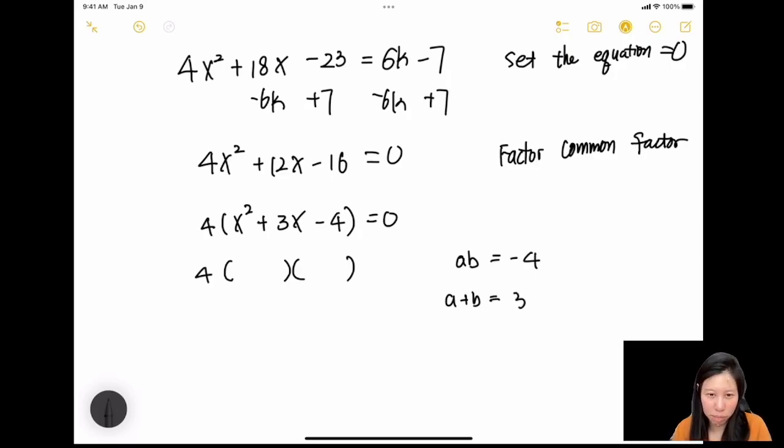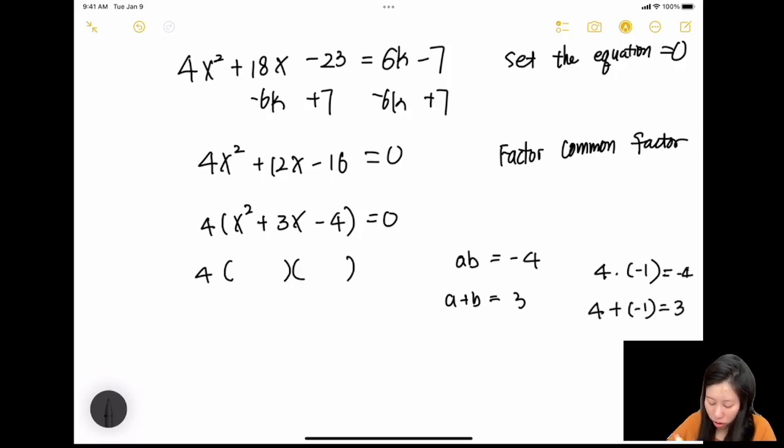So what would that be? I have positive 4 and negative 1. So 4 times negative 1 equals negative 4, and 4 plus negative 1 equals 3.